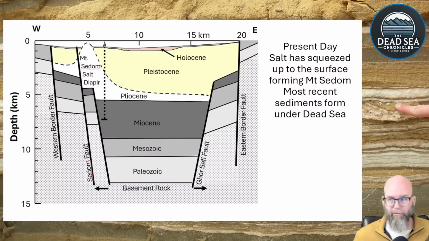In fact, we're not just talking about the Dead Sea. We're talking about the whole Jordan Valley having dropped down. And so there are enormous amounts of sediments below it. Those are the ones we're going to be talking about a lot, because we need to figure out how they got there and how long it took to get there.